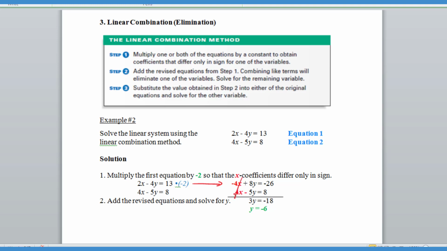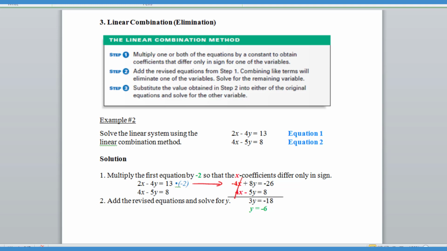They give you a 0x. 8y and -5y gives us 3y, and -26 and a +8 gives us -18. So now I simply have this equation 3y equals -18, and I can solve for y. So y equals -6. So I've used this elimination process to come up with my y value.